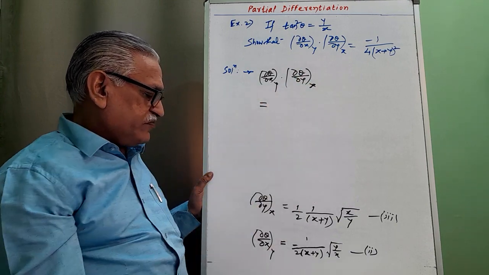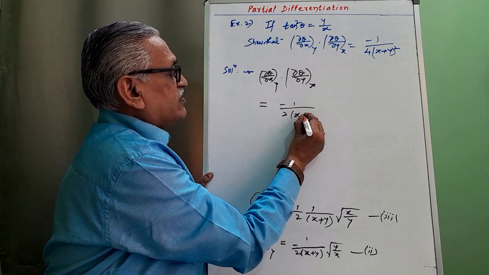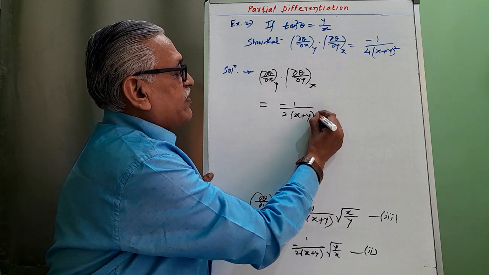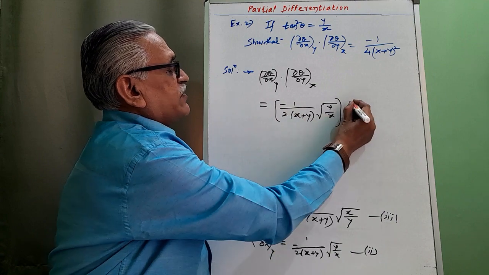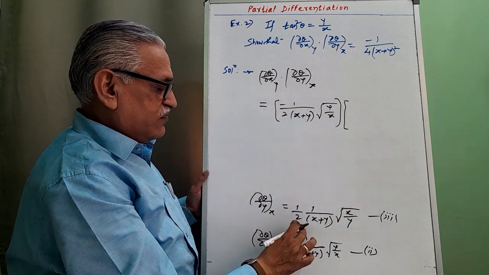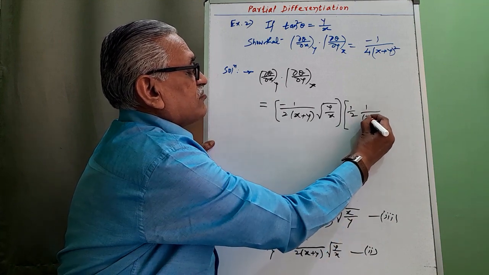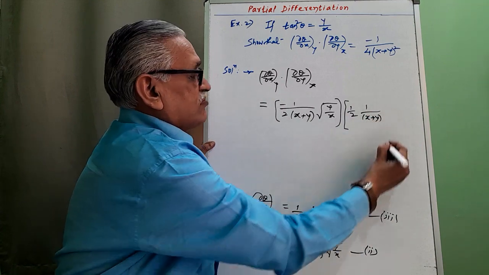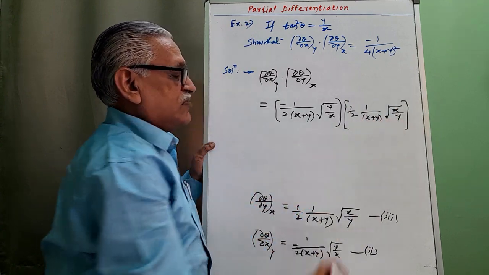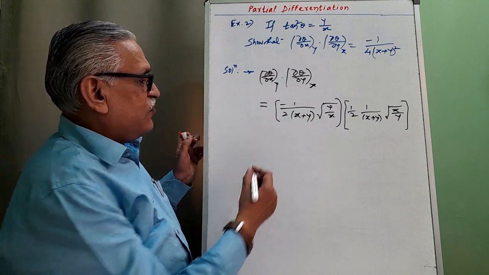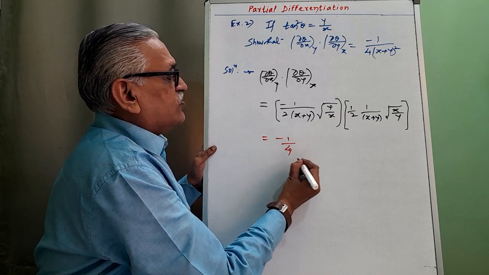It is equal to minus 1 by 2 times of x plus y, root of y by x, multiplied by the second value 1 by 2. Therefore we get that product as 1 by 2 into 1 by 2, minus 1 by 4.